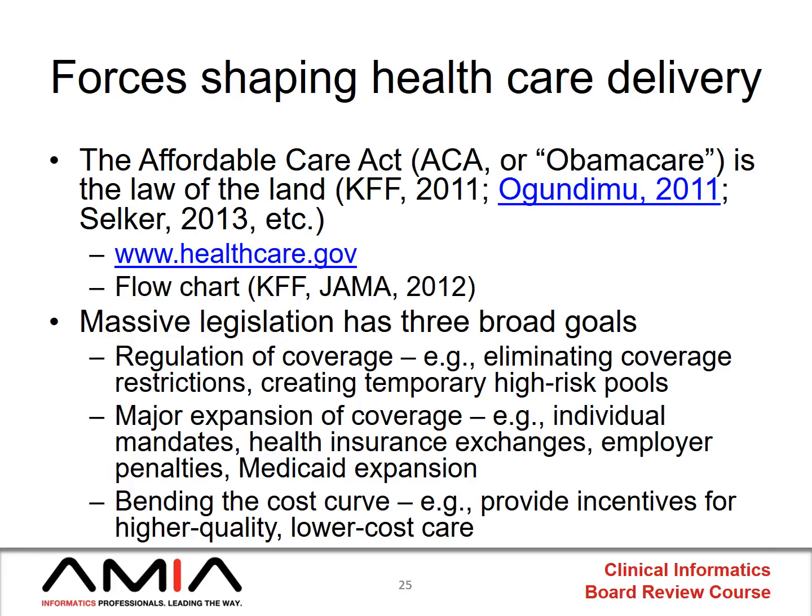There's also major expansion of coverage, the individual mandate requiring individuals to have health insurance, the development of health insurance exchanges in the various states, employer penalties, and the Medicaid expansion. And a third goal is reducing costs, or at least bending the cost curve, reducing the growth of costs, and providing various incentives for higher quality, lower cost care.